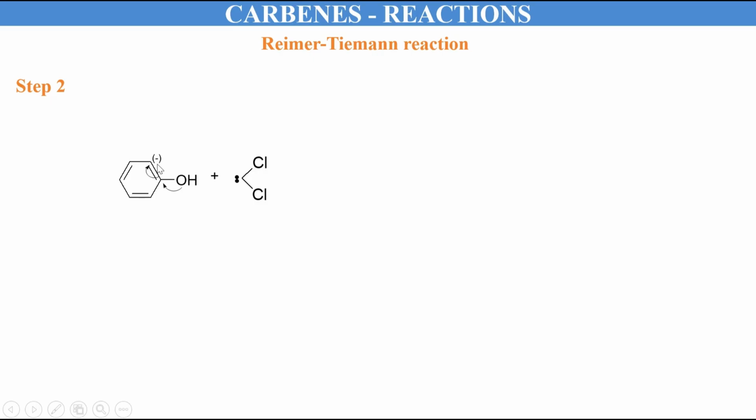This is an electron rich carbon and this is a carbon electron deficient in nature. Naturally, the reaction can occur. These excess electrons, the carbanion electrons, are given to dichlorocarbene and a bond is formed between the CCl2 and the phenyl carbon.